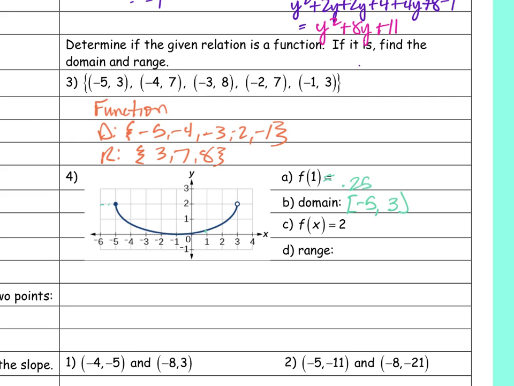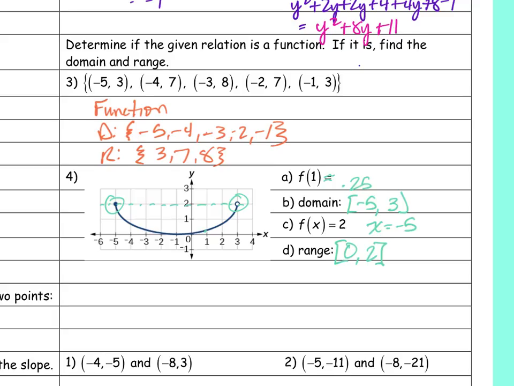When y equals 2, what does x equal? Well, x equals -5 only because it's included here, not included there. And my range is going to be from 0, which is included, to 2, which is included. Okay? Questions? Is everyone okay? Awesome.